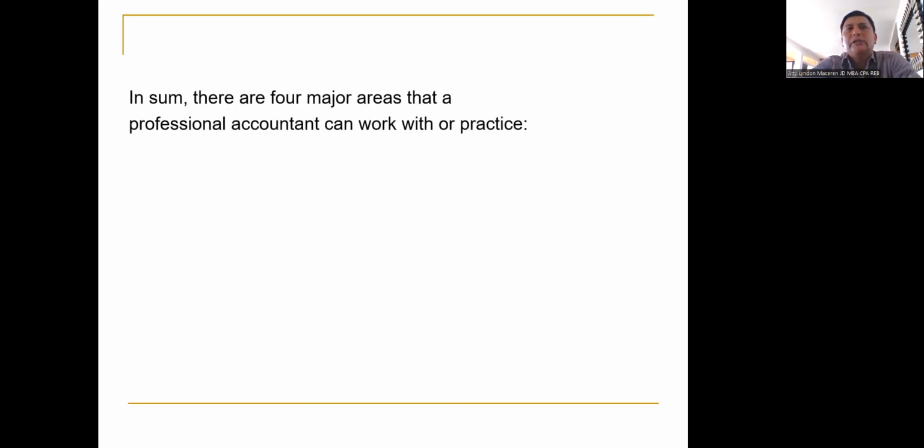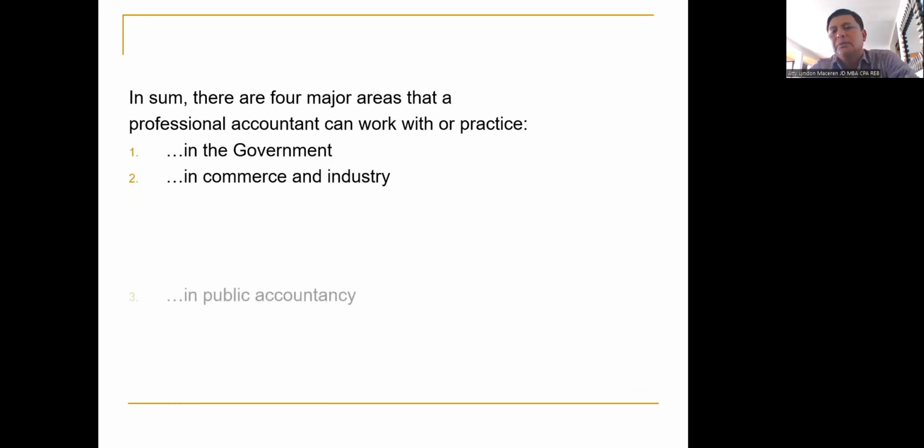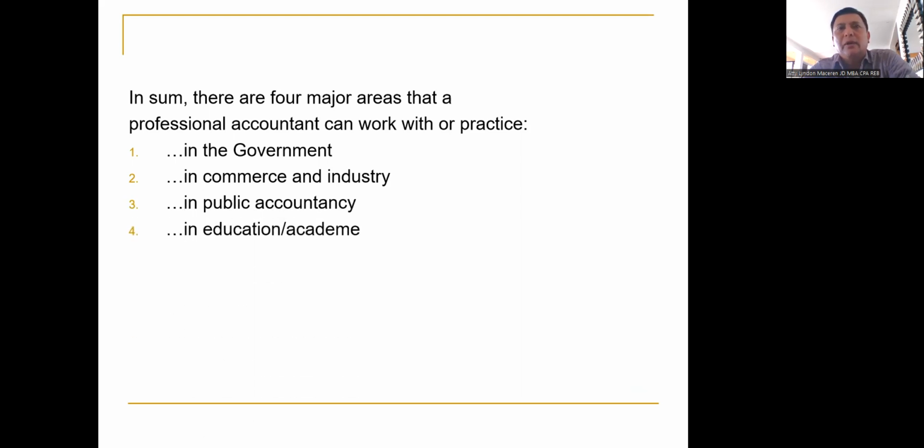So in sum, there are four major areas that a professional accountant can work in. Number one, in the government. Number two, in commerce and industry. Number three, in public accountancy. And number four, in education or the academe.